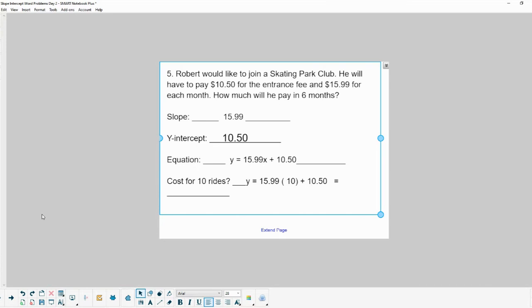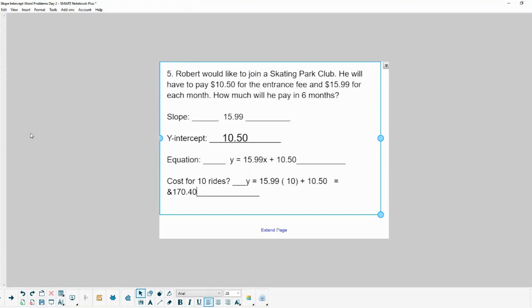Then if we add 10.50 to the total, it comes out to be $170.40. Holy cow, that's quite a bit of money, huh? $170.40 to ride 10 rides.